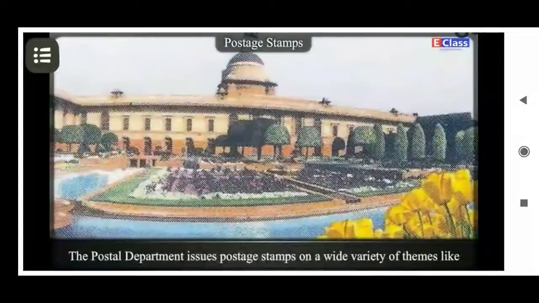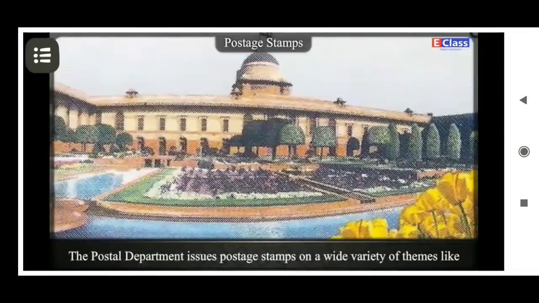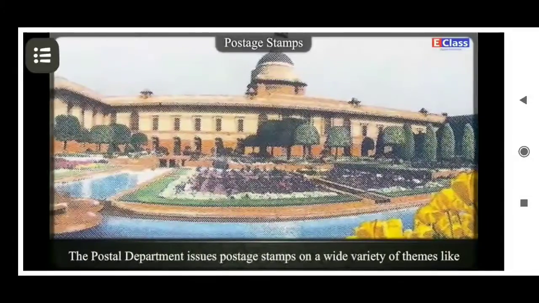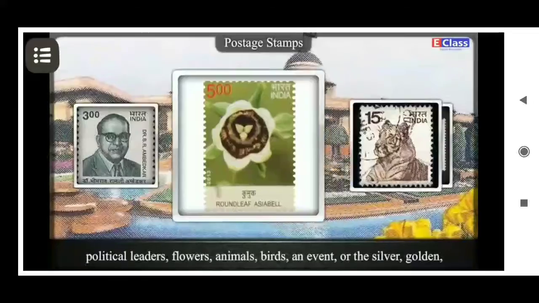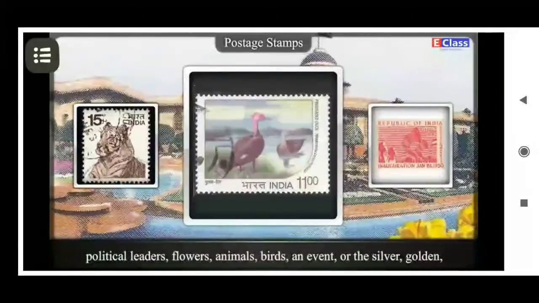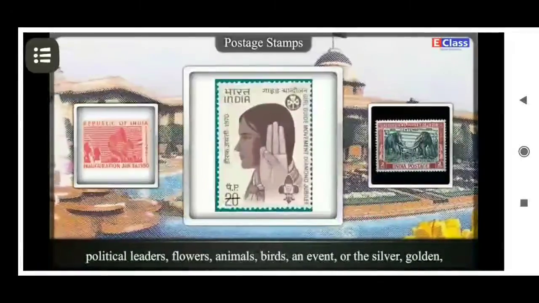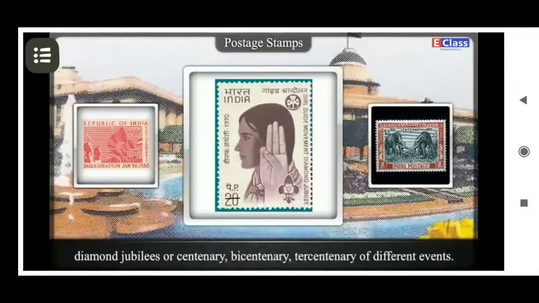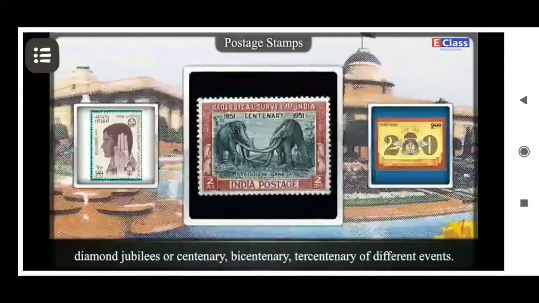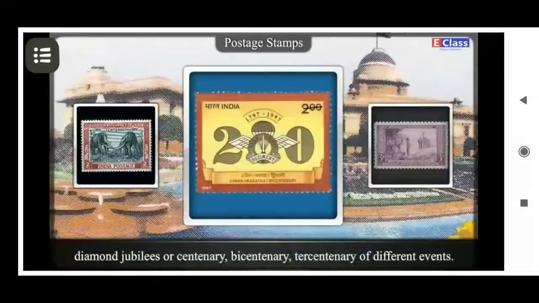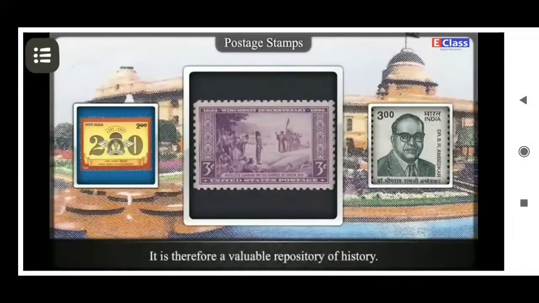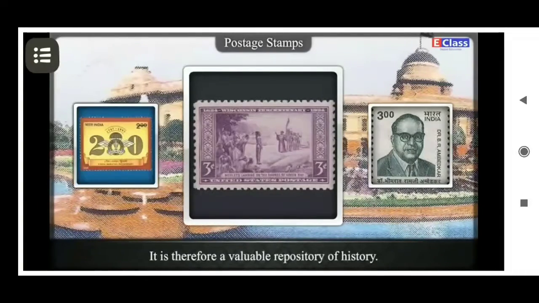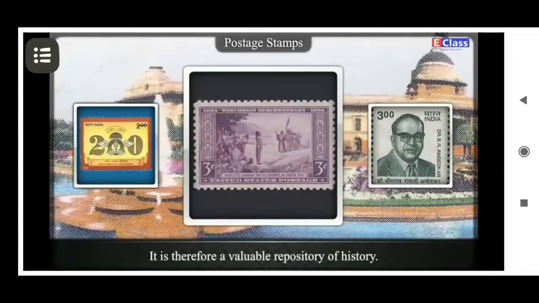The Postal Department issues postage stamps on a wide variety of themes like political leaders, flowers, animals, birds, an event, or the silver, golden, diamond jubilees or centenary, bicentenary, tercentenary of different events. It is therefore a valuable repository of history.